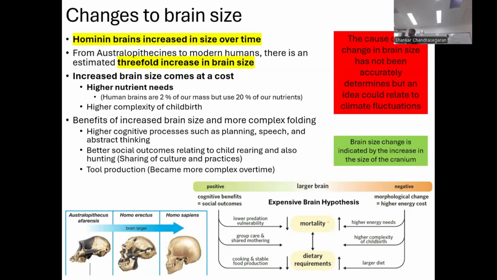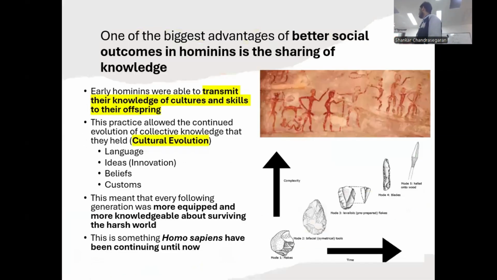So we are basically making an assumption based on the cranium size rather than actually having actual brains to look at. Okay, so brain size increase, cultural evolution happened as a result, and they were also able to be better equipped to survive in the world.